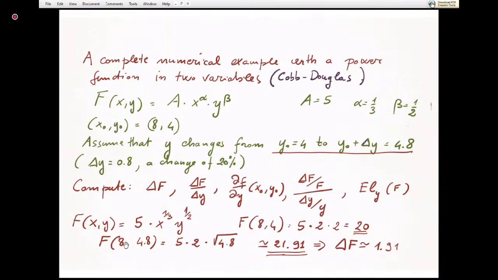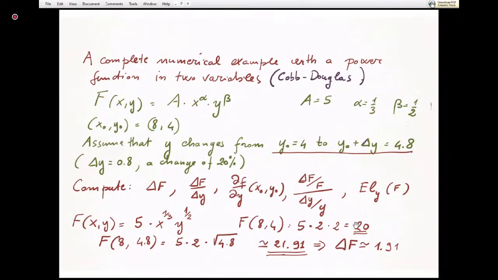Now, the true value of f, when I change only the amount of the second input factor, I can compute by using the formula. It is 5 times x, which is again 8 to 1/3, which is 2, times the square root of 4.8. I have to compute it with a pocket calculator. It's 21.91.